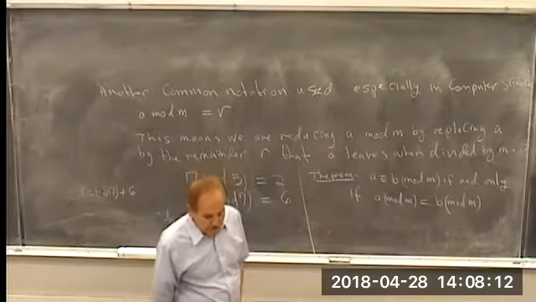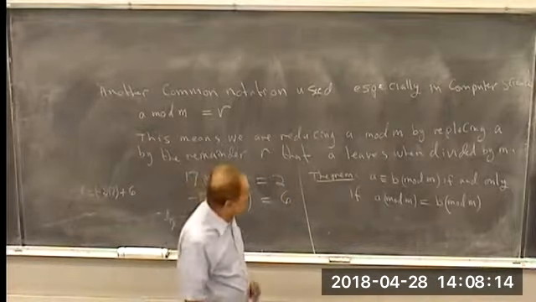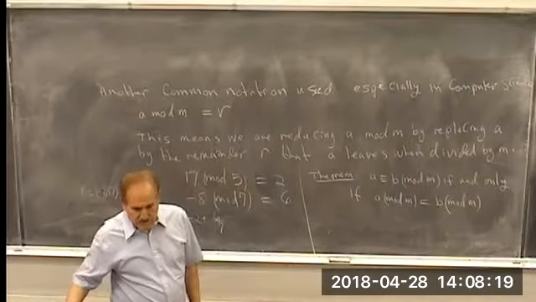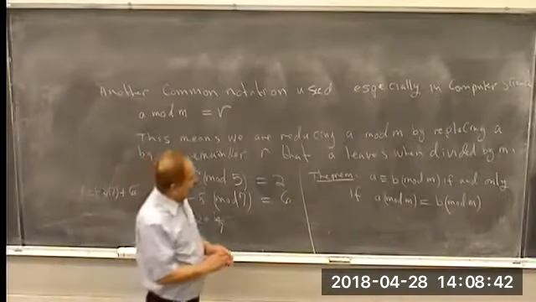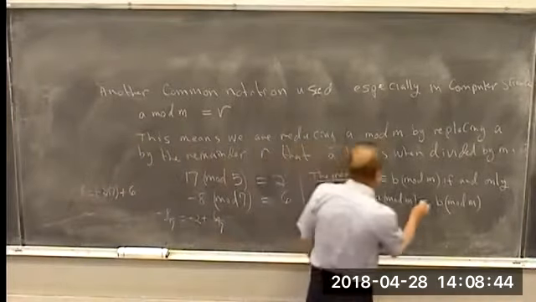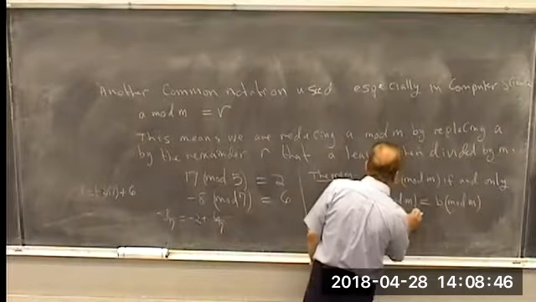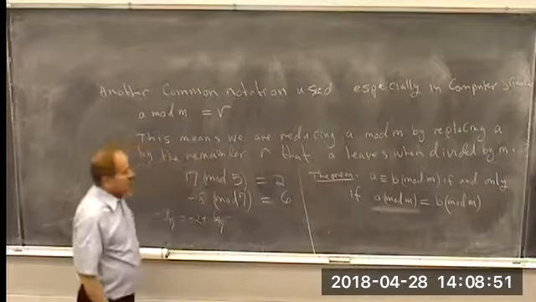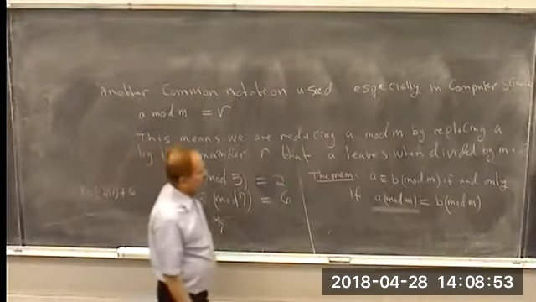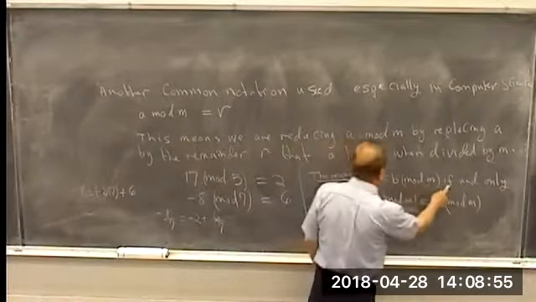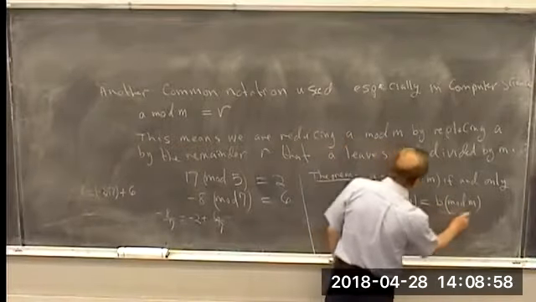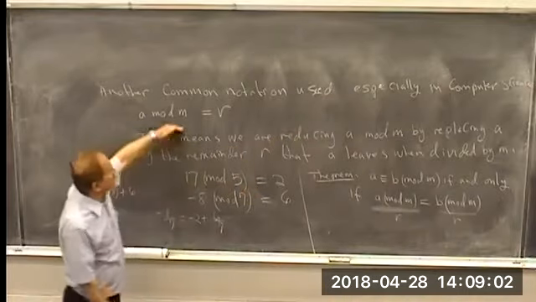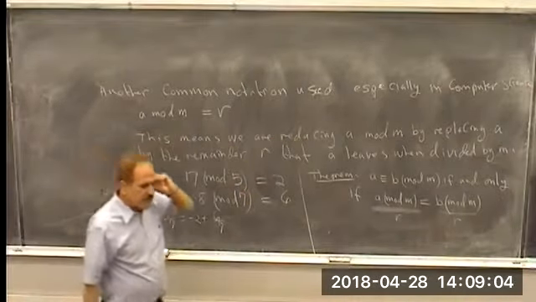You know, this is kind of a strange notation, but remember that we are using it for the remainder that A leaves when divided by M, and we say that if two numbers are congruent to each other, they have the same remainder. And we are saying these are equal using this notation.